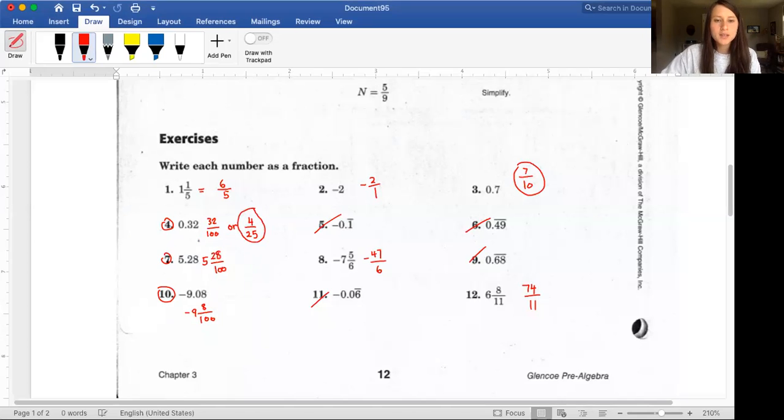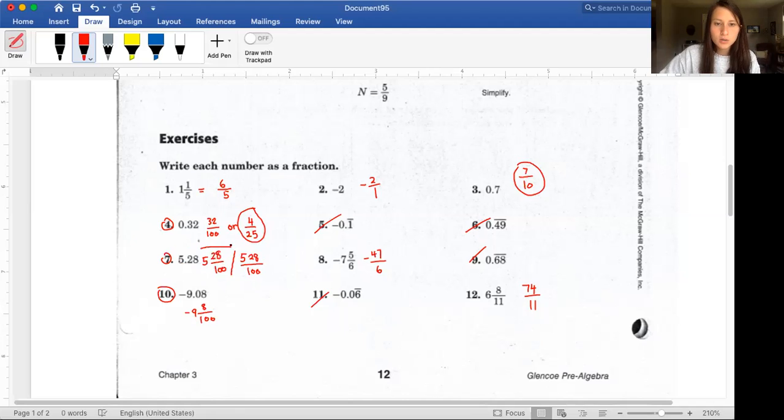Okay. Number 7. Now, this is still a mixed number, 5 and 28 over 100. This is one way to start off. You could also have started off by writing 528 over 100 and then simplified it. But when we look at this, we realize that we need to simplify our fraction, whether it's 5 and 28 over 100 or 528 over 100, okay?